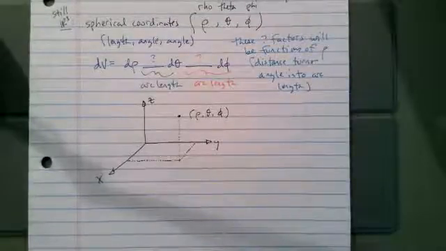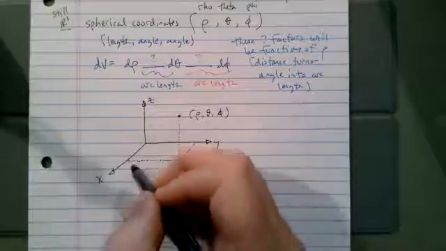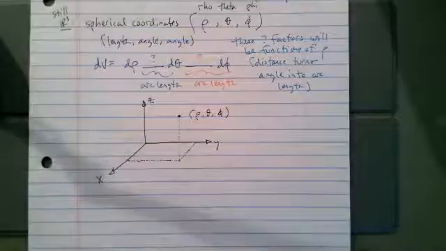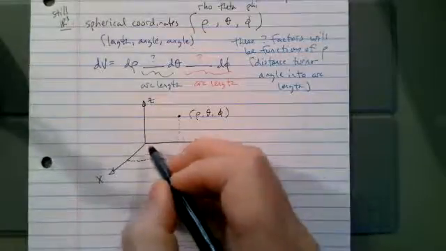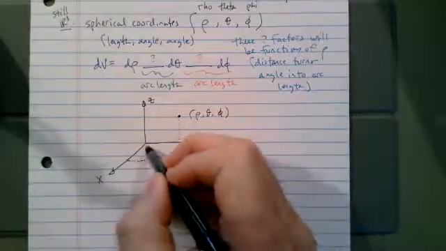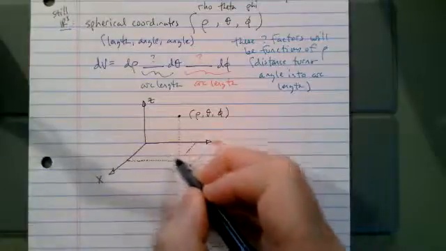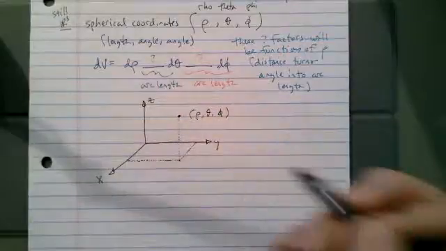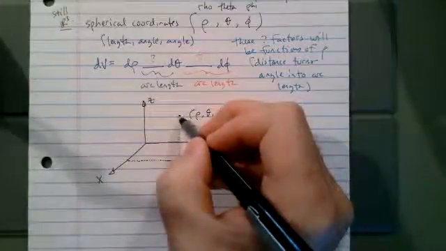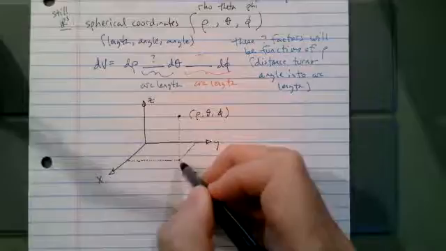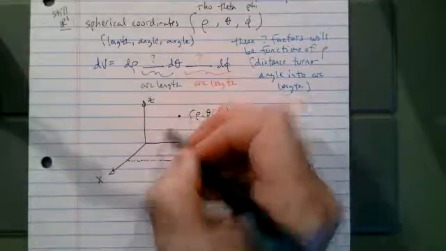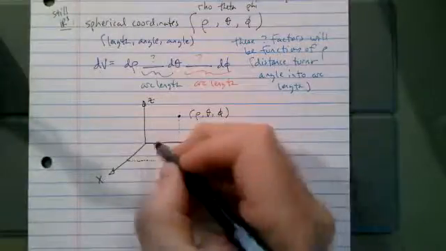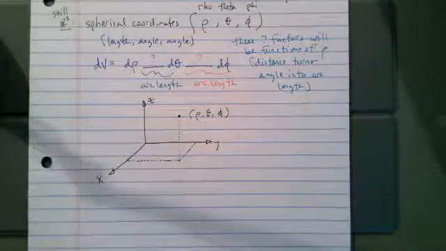So let's talk about how we're going to describe this point. Now, if this is x and this is y and this height is z, then we would just call that xyz. If we look at this point here, we have r is going to be the distance from the origin to the point in the xy plane directly beneath the point in question, and then we'd measure theta as an angle up to where we draw r. That sentence came out terrible.